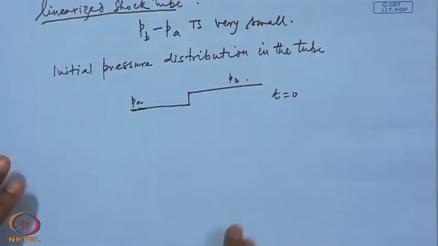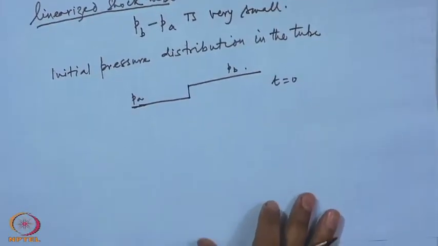As we have considered the disturbance very small, that is, the difference in pressure is very small, the disturbance created by the removal of the diaphragm also satisfies the linearized equations, and hence the linearized solution.